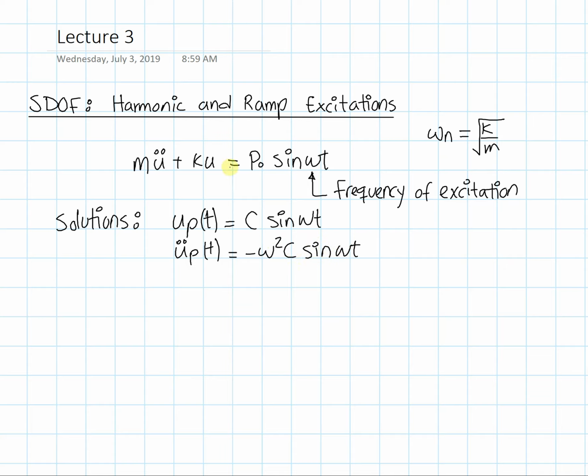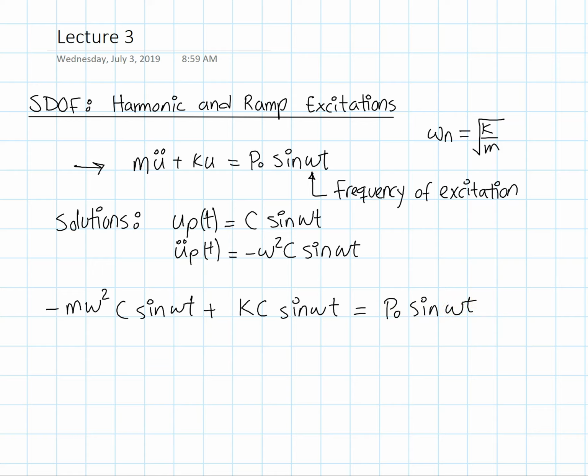Alright, let's plug it back into our equation of motion, this one here, and see what it results in. So we have minus m omega squared C sine omega t plus k C sine omega t is equal to p naught sine omega t.